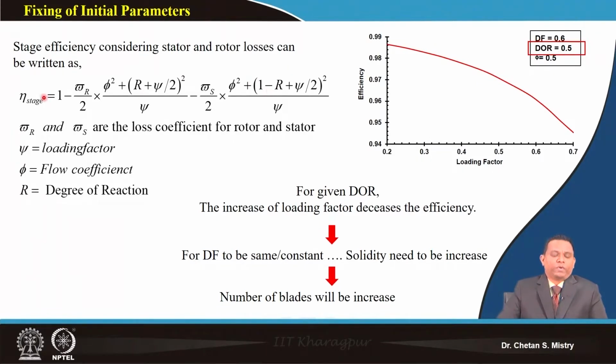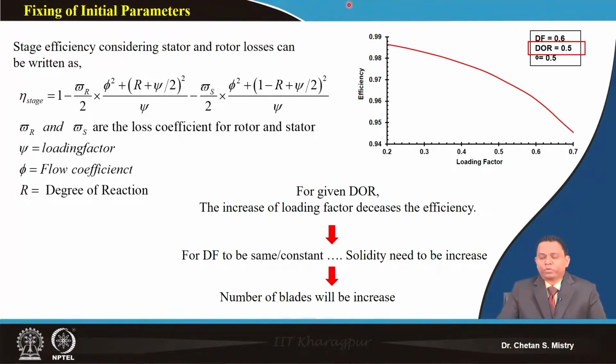Okay, so when you simplify the equation, you will come up with this kind of formula. Now this gives us an idea how all these parameters are correlated. Remember, the loss factor we are discussing is related to our diffusion factor.